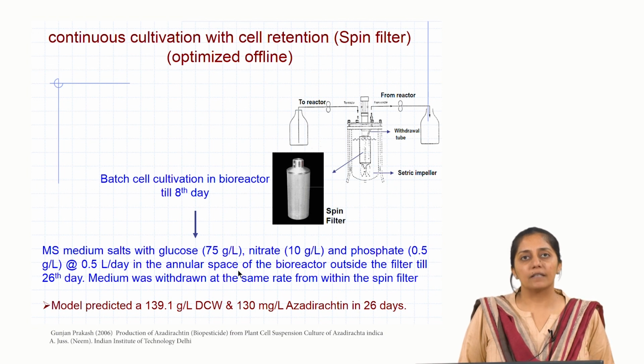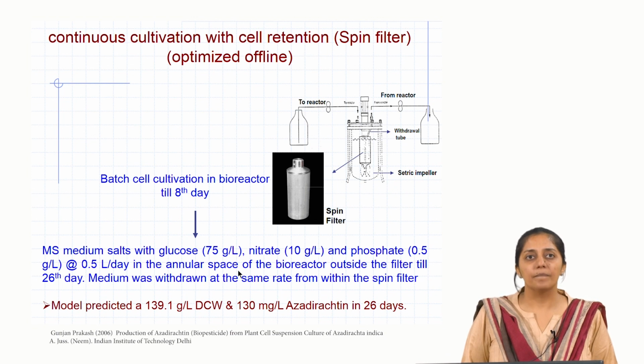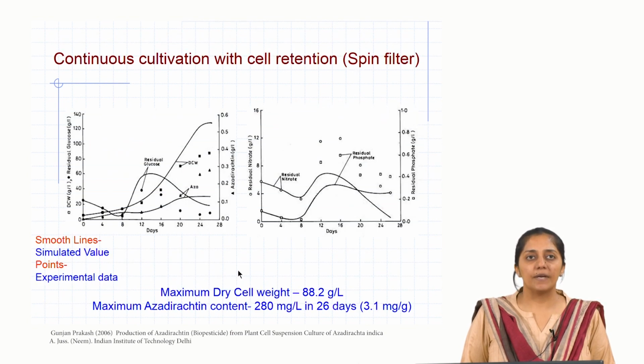This continuous reactor was a cell retention reactor setup, in which the feed was sent in the annular space of the reactor outside the filter till the 26th day, and the medium was withdrawn at the same rate from inside the spin filter. The model in this case predicted nearly 140 grams per liter of biomass and 130 milligrams per liter of azadirachtin in 26 days.